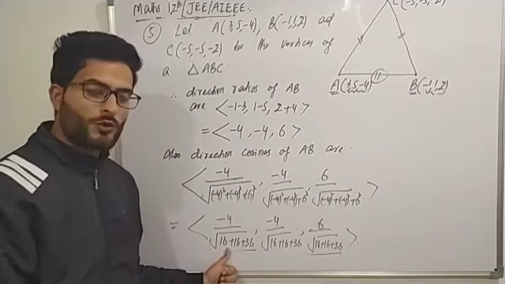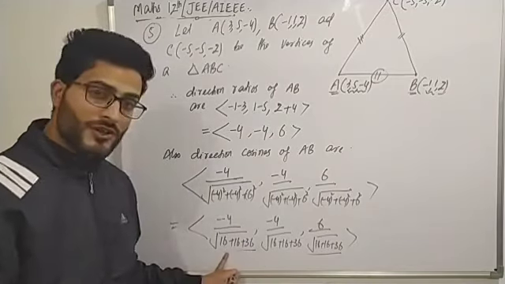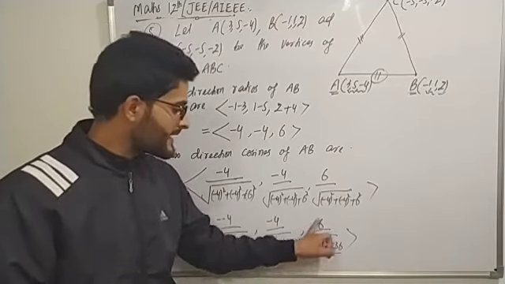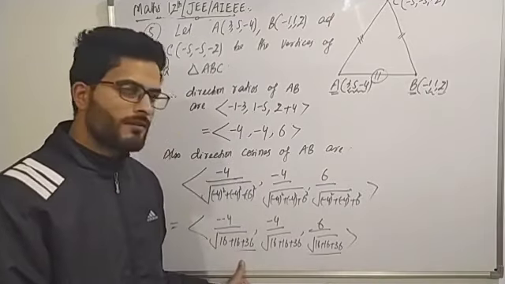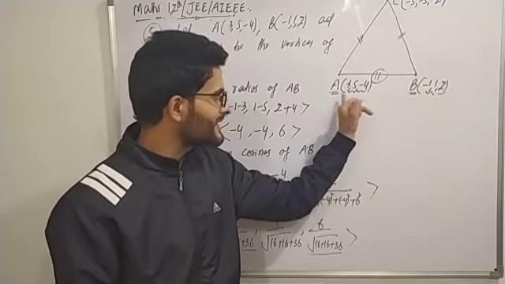Calculate the value of the square root. Then -4 divided by that will be the first direction cosine, -4 divided by that will be the second, and 6 divided by that will be the third direction cosine. In this way we have calculated both the direction ratios and the direction cosines of AB.